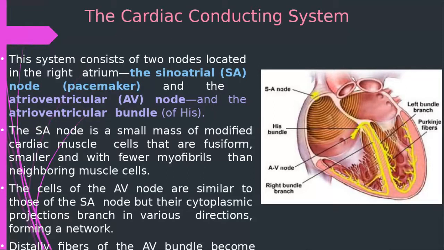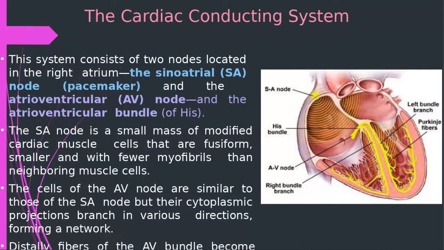These terms, guys, I'm sorry, but you have to remember them, because these terms are as they are. We cannot explain much into it. So don't go into the detail, just know what are the things that are involved in the cardiac conducting system.